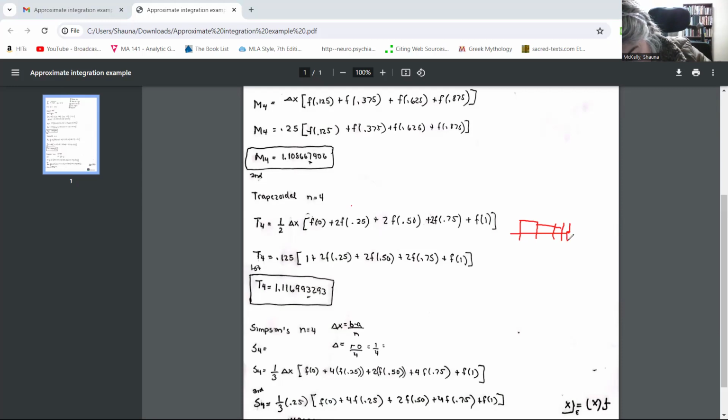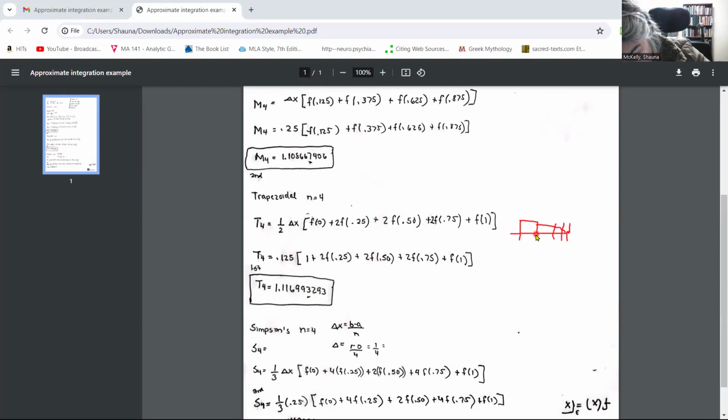So what happens is that this first trapezoid right here on the left doesn't have any shared parts to it. This is just this first edge. This is f of 0.